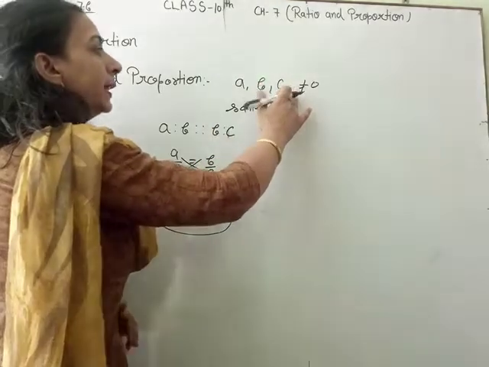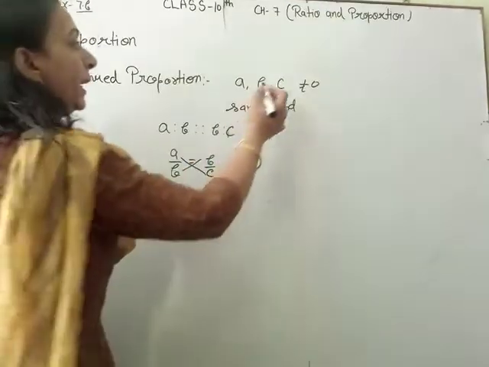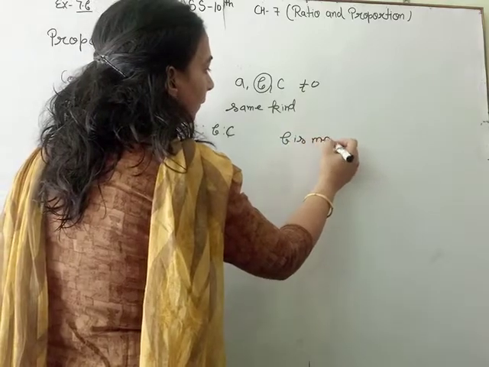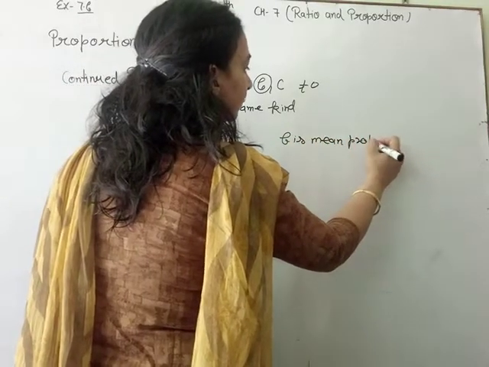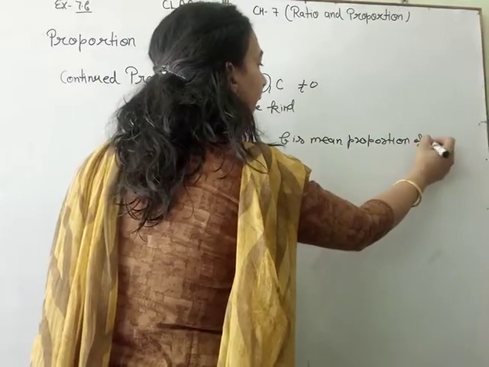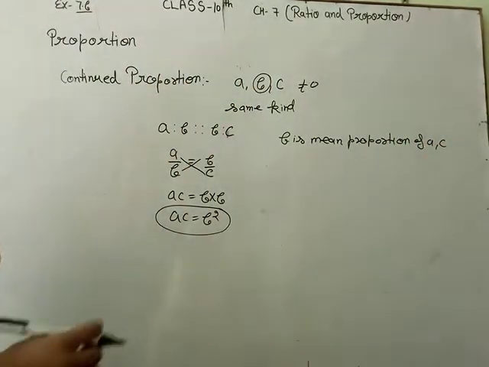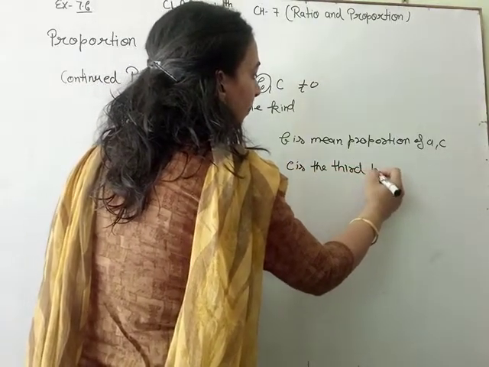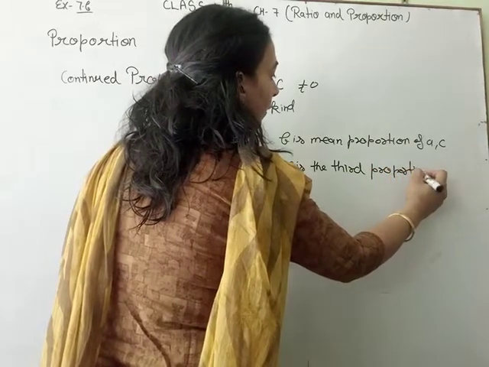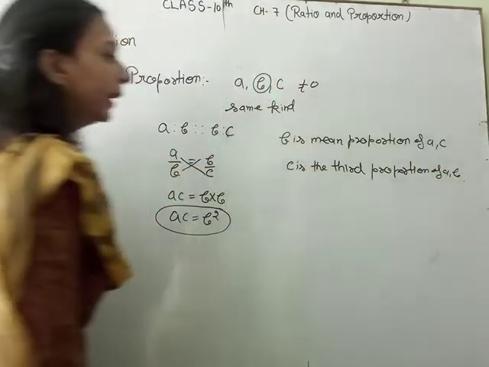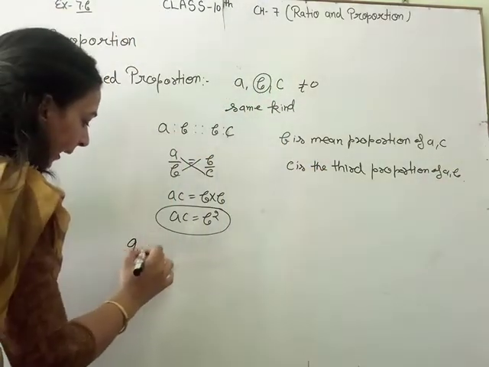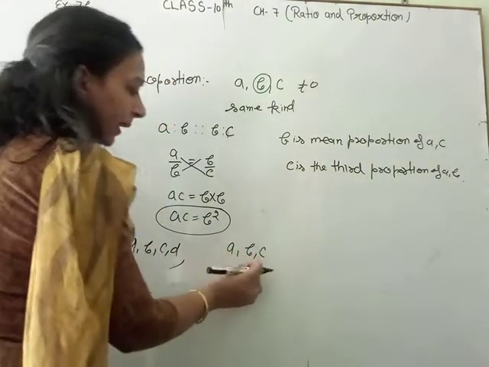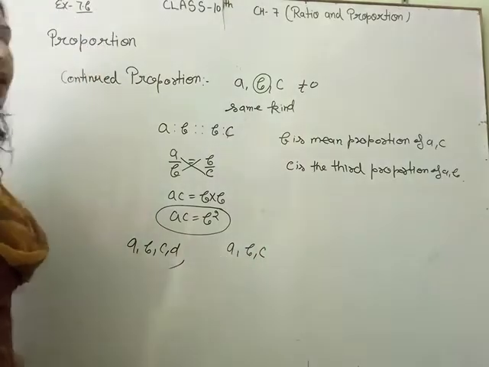C is the third proportion of A and B, and B is the mean proportion of A and C. Students, in simple proportion we take A, B, C, D, but in continued proportion we take A, B, and C, where B is the middle term and the mean proportion of A and C.